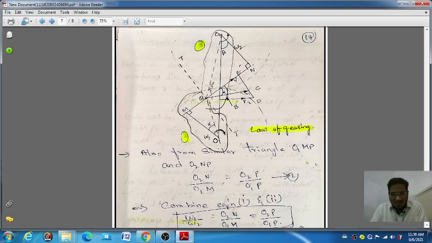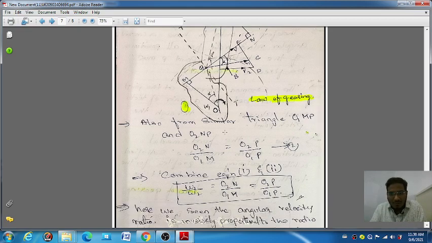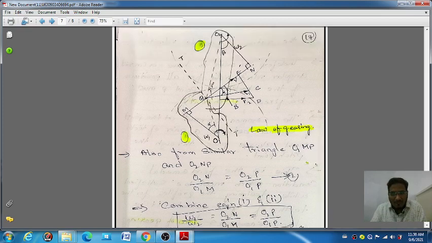After drawing the normal to the curved surface, we see here that PMO1 makes a right angle triangle, and O2NP makes another triangle. From the similar triangles O1MP and O2NP, we are finding some values.